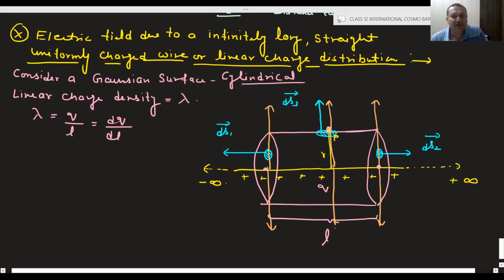It will produce electric field like this. This is the electric field from the wire. So it will go on producing like this, and on each side it will produce like this. So what is the next step? Apply Gauss law, for which you apply for the surface. For the Gaussian surface, this is the Gaussian surface.